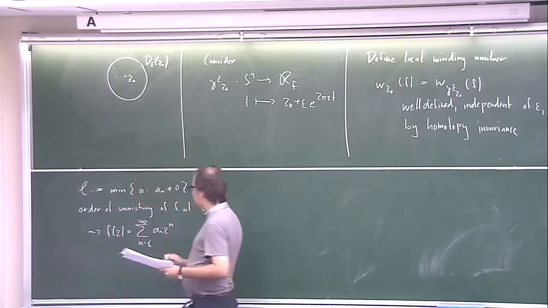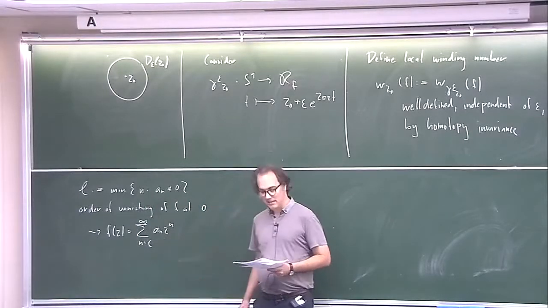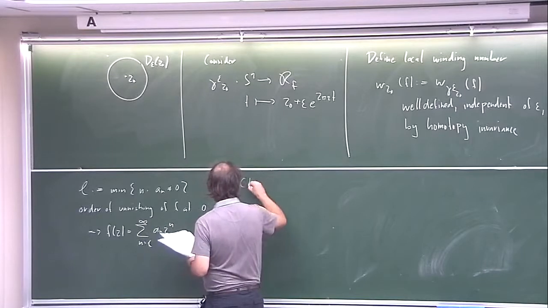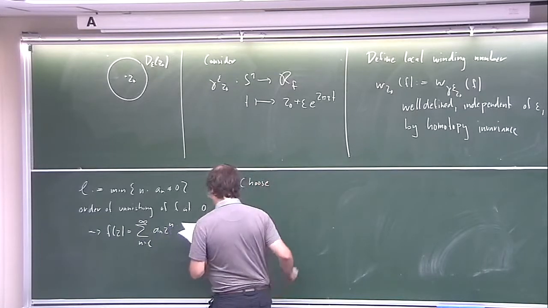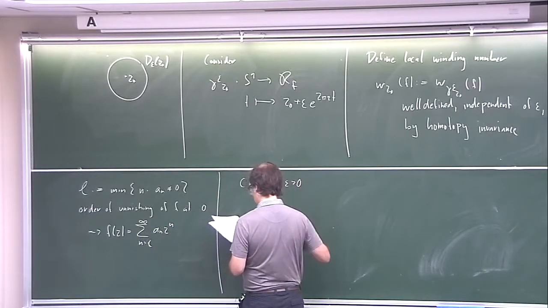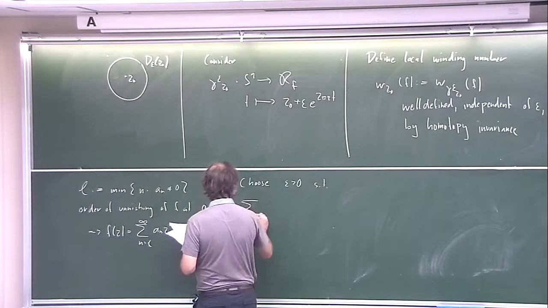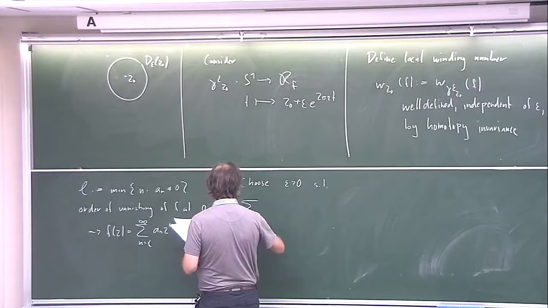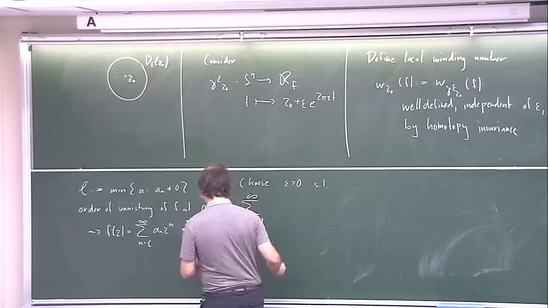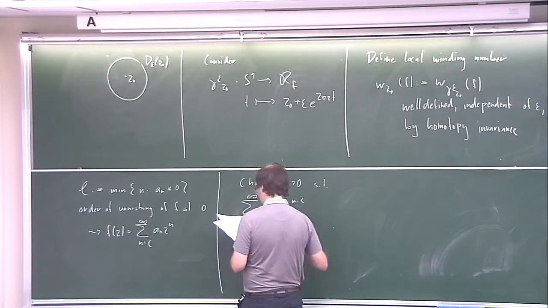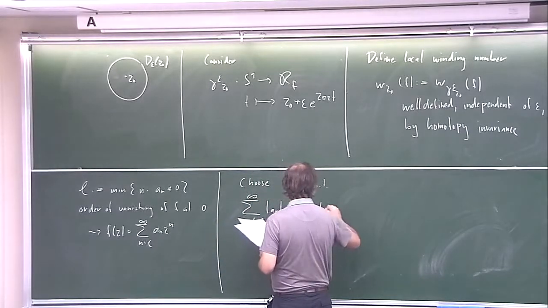And this local degree is actually this L, this order of vanishing. Namely, choose epsilon bigger than 0 such that the sum n from L plus 1 to infinity of |a_n| epsilon^(n-L) is less than or equal to |a_L|.